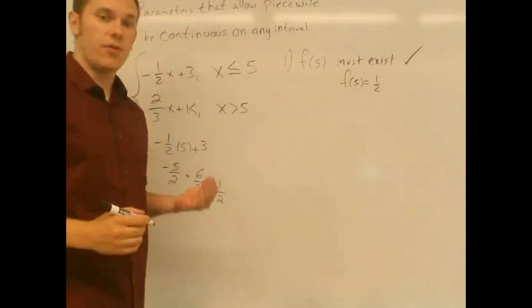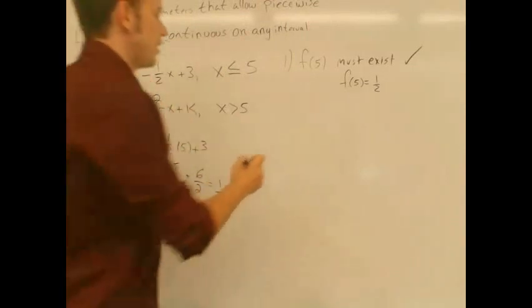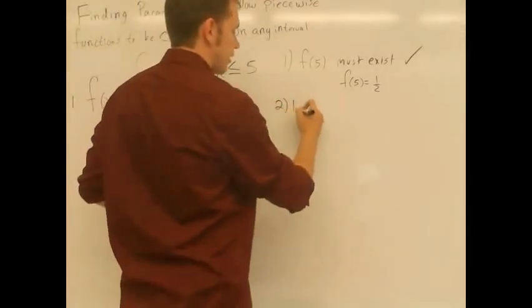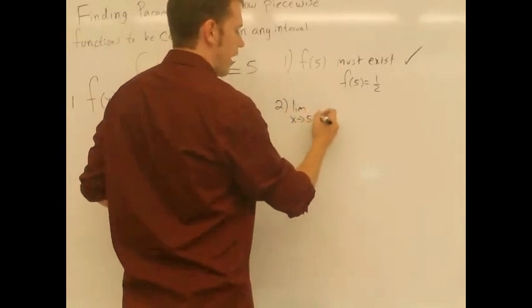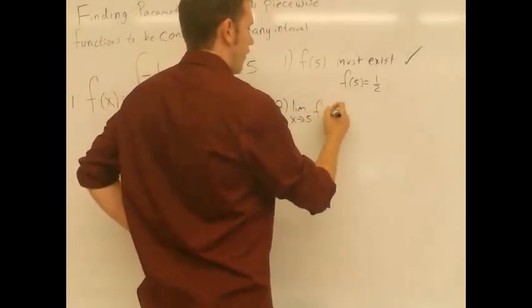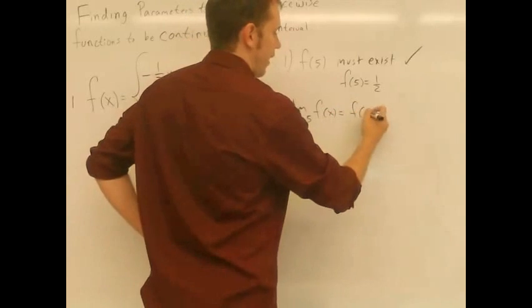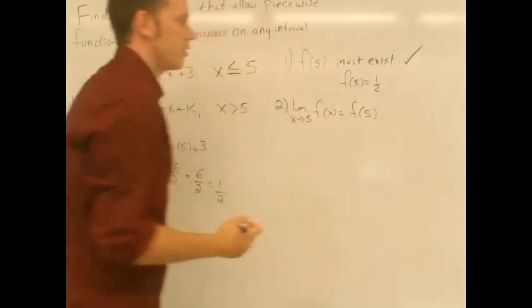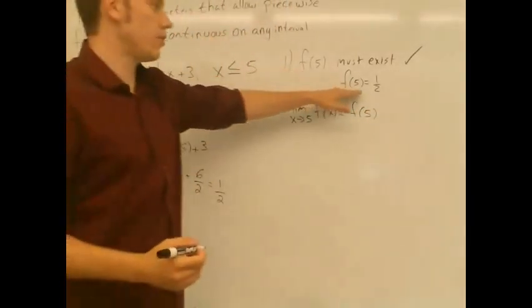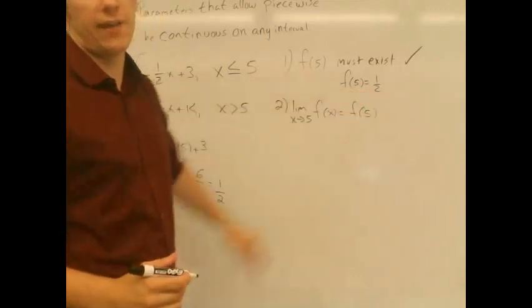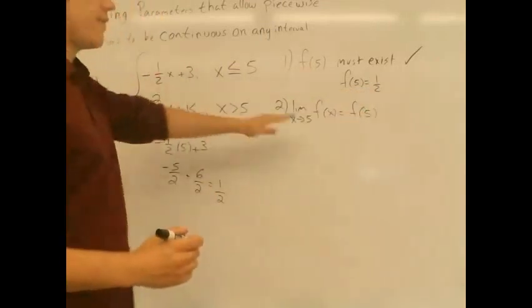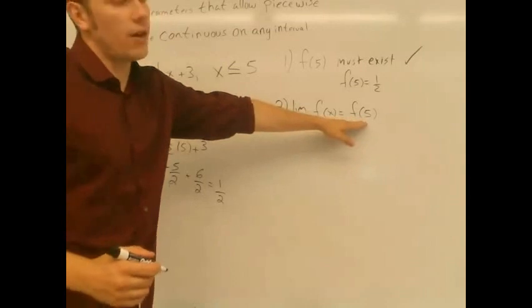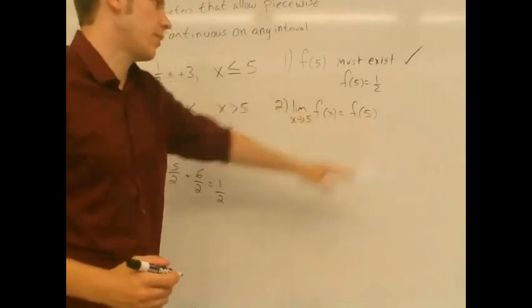The second condition for this function to be continuous is that the limit as x goes to 5 of f of x must equal f of 5. And since I already know what f of 5 equals from my first condition, 1/2, I can simply evaluate the limit, or figure out what the k value is for the limit to equal 1/2.